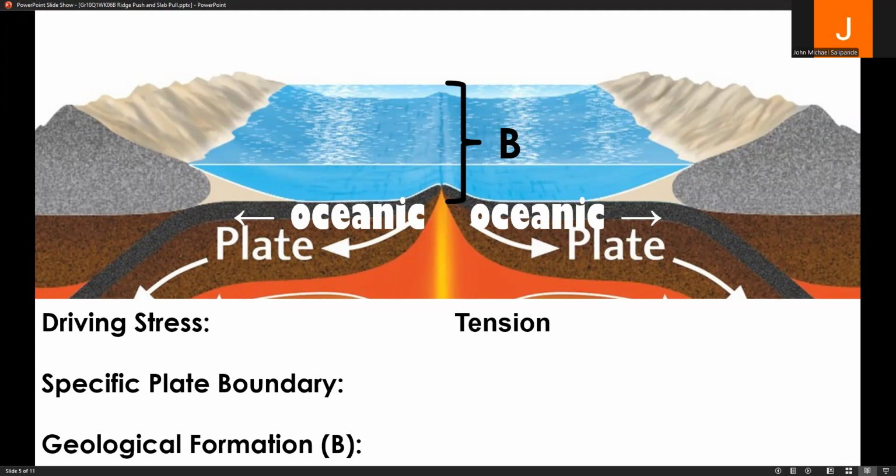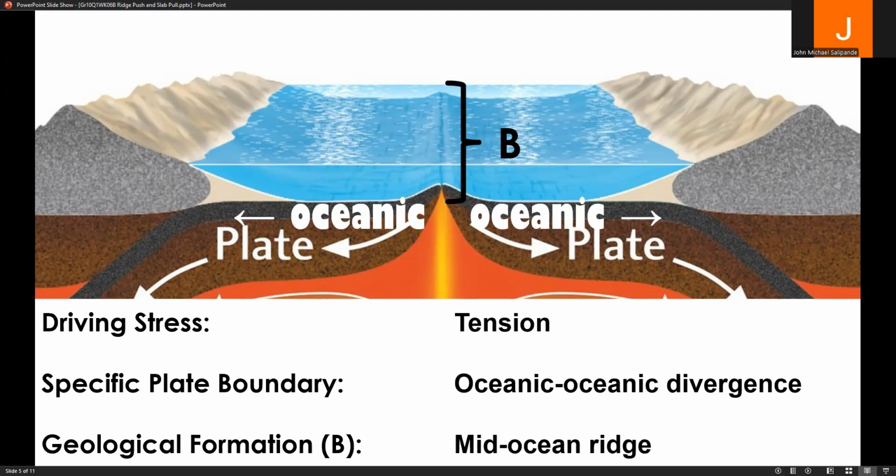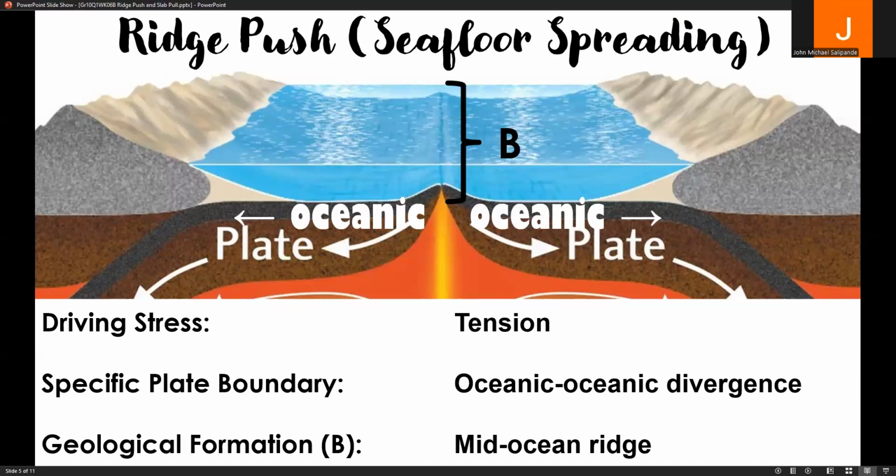The specific plate boundary is oceanic divergence, and the geological formation found at the center is the mid-ocean ridge. All in all, these descriptions denote ridge push or seafloor spreading.